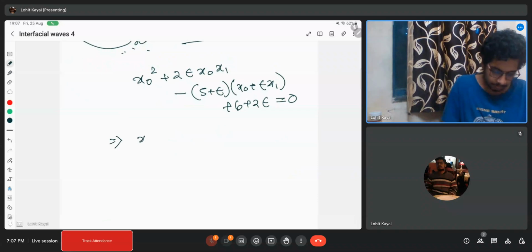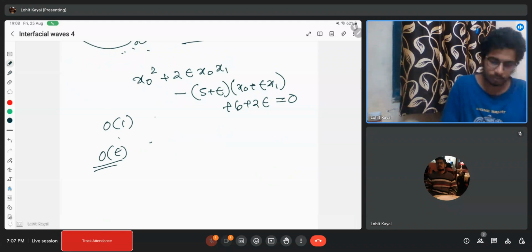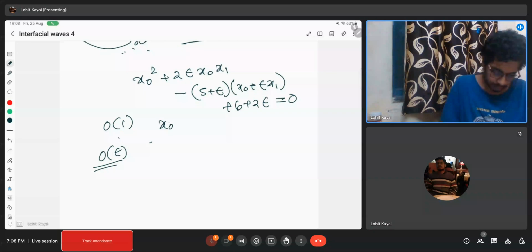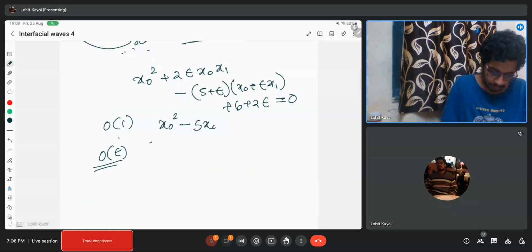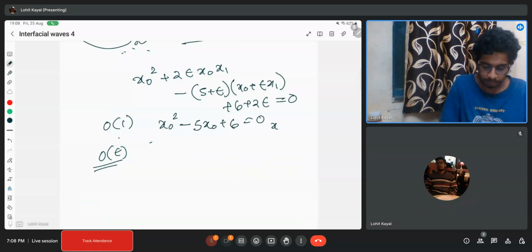Now I will separate the order 1 solution and the order epsilon solution. The order 1 solution you already know. First, let us find the equation, then we'll find the solution. x naught square minus 5 x naught plus 6 equal to 0. This is the order 1 equation, and you already know the solution: x naught equal to 2 and 3.